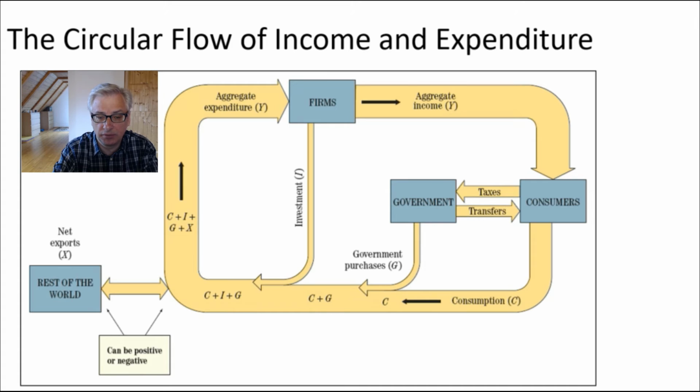Remember, transfer payments are not counted as part of GDP. When we speak about taxes, remember that normally businesses, firms would also pay taxes to the government, and they could obtain some money from the government, like in the form of grants or subsidies. We do not have this here in this graph for simplicity reasons.